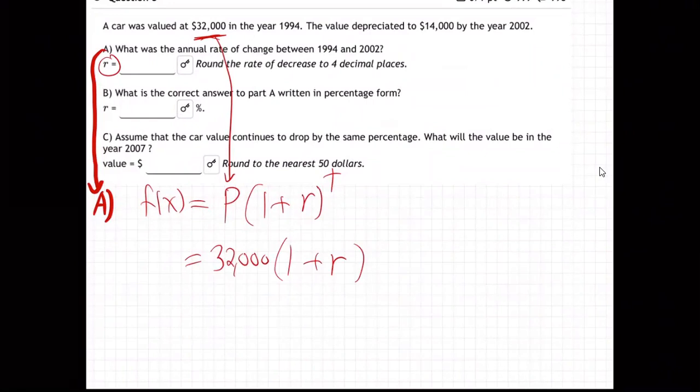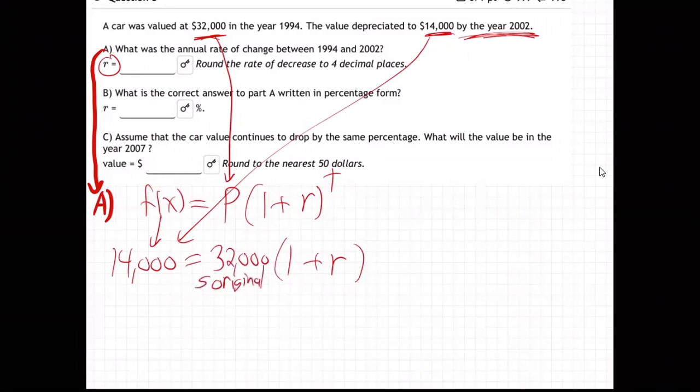What we're being told is by the year 2002, it was down to 14,000. So that means the function had dropped to 14,000, the function value, right? P is the original, the dollars originally. This is the dollars now, right?